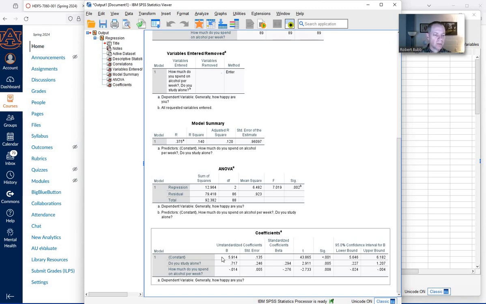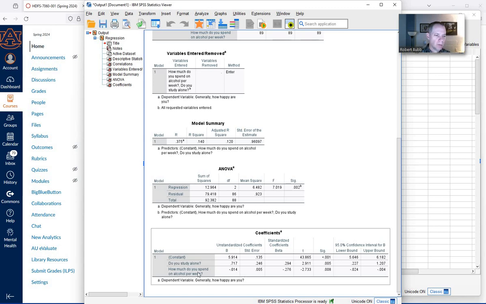Remember that constant represents the mean when you have a nominal variable of the value that is coded as 0. And 0 in this particular case, for whether someone studies alone or not, indicated that they study alone. And so we would say their happiness score is 5.914 on average as a mean, again, when how much you spend on alcohol is accounted for in the model.